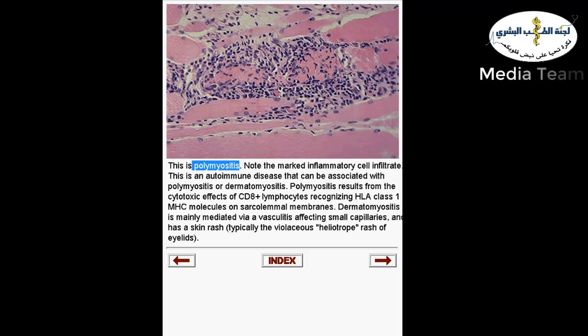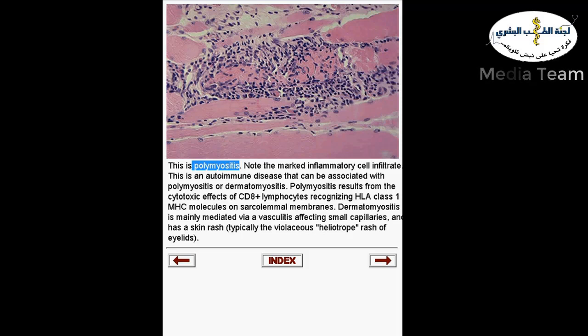Suddenly our immune cells start to identify them as foreign cells and attack them, destroying the muscle fibers. In polymyositis, the inflammatory cells are directly attacking the muscle.